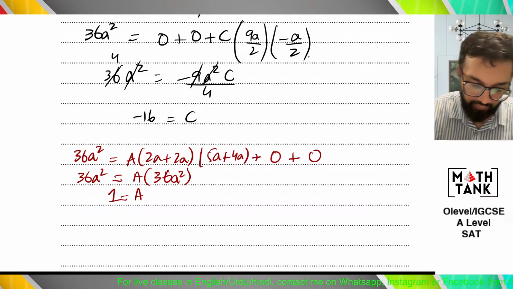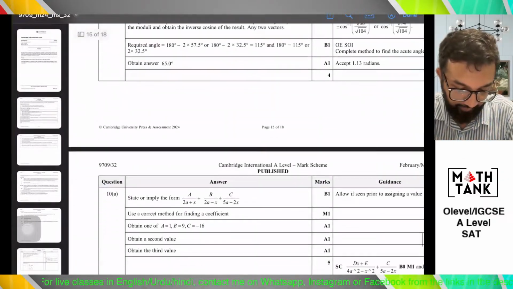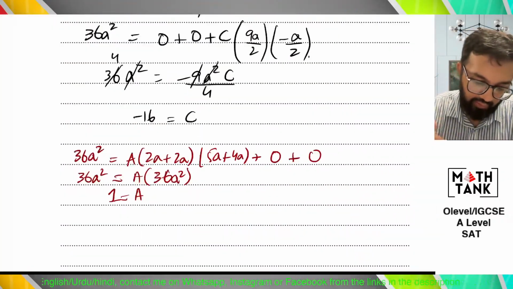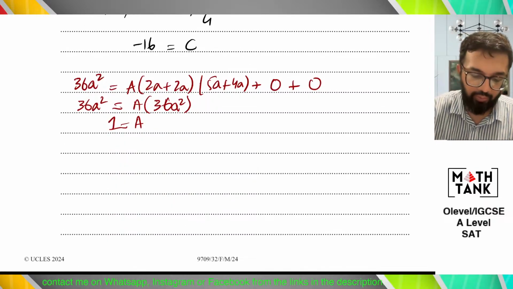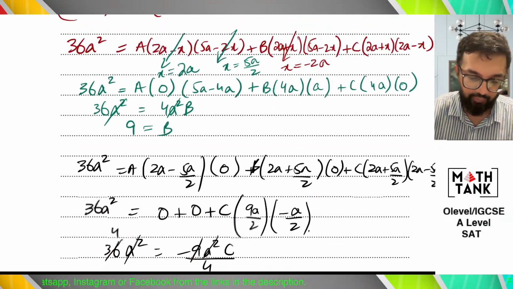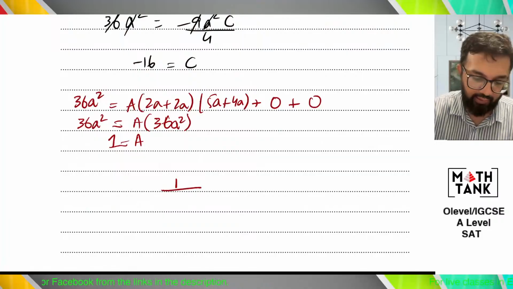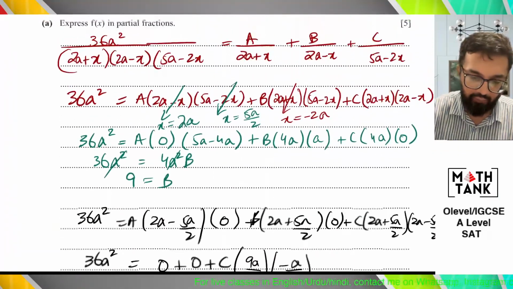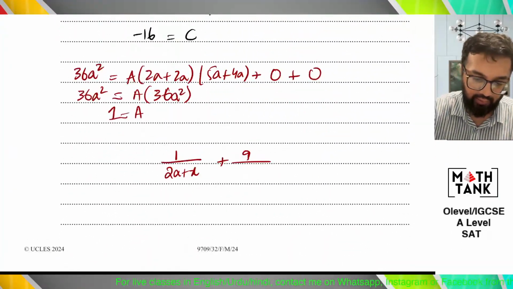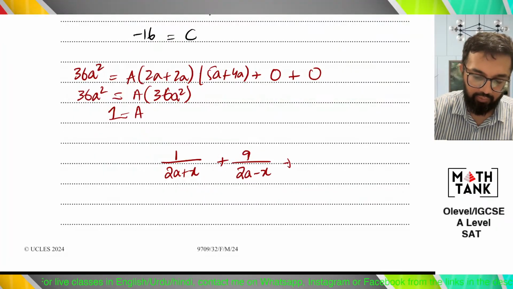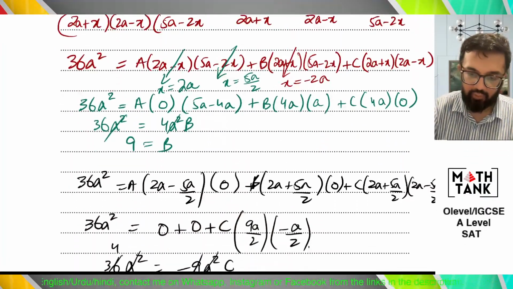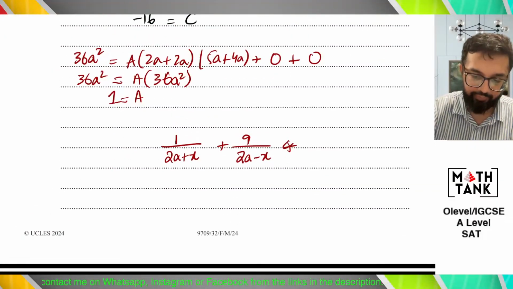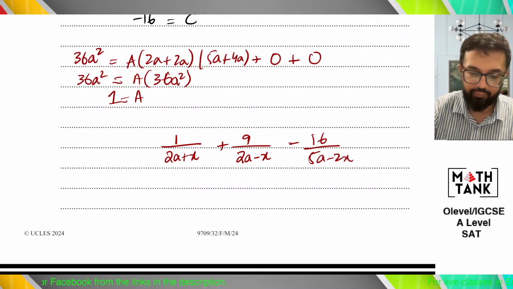Let's first verify if those are the correct answers. 1, 9, and minus 16. Yeah. Okay. So 1 over 2a plus x plus 9 over 2a minus x plus minus 16 over 5a minus 2x.